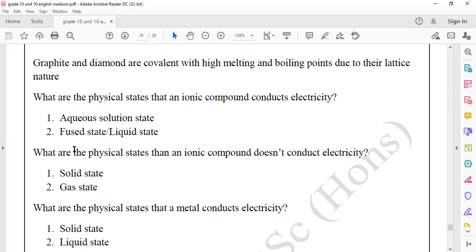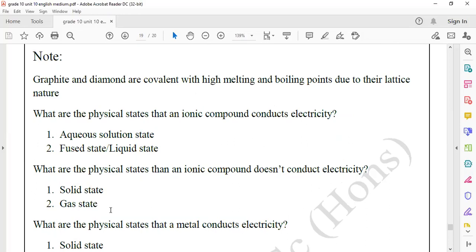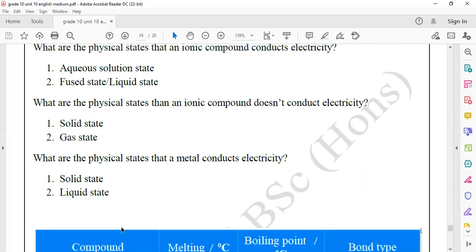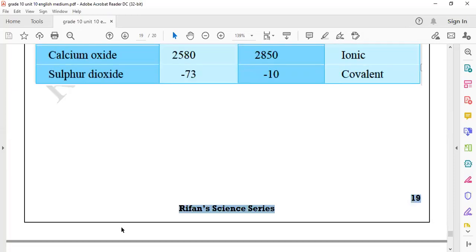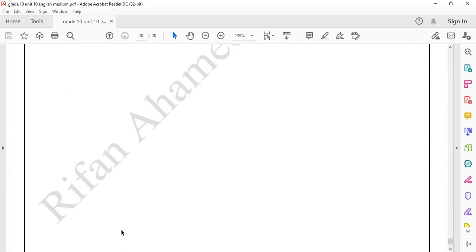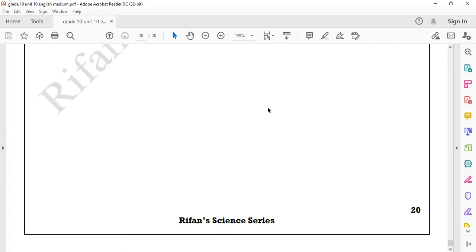These things I already gave you. With this one, unit number 10 is over. So today we are going to start unit number 11.